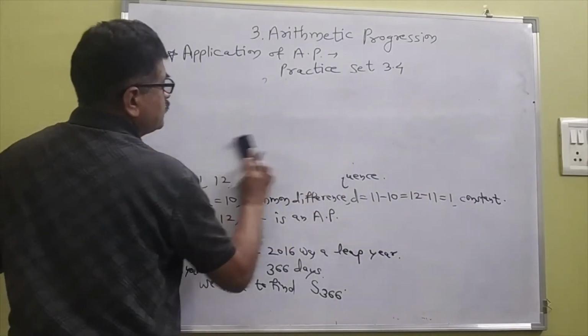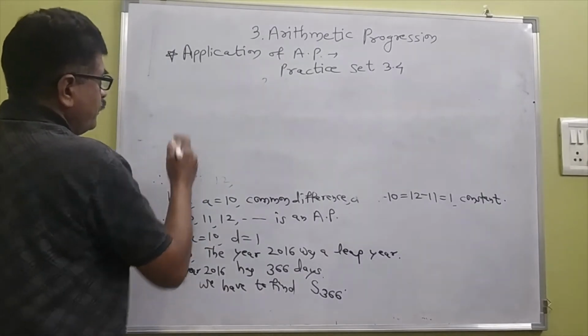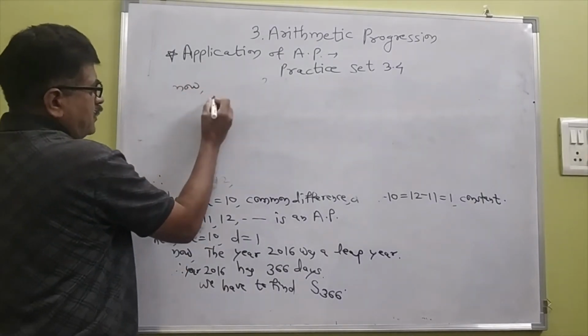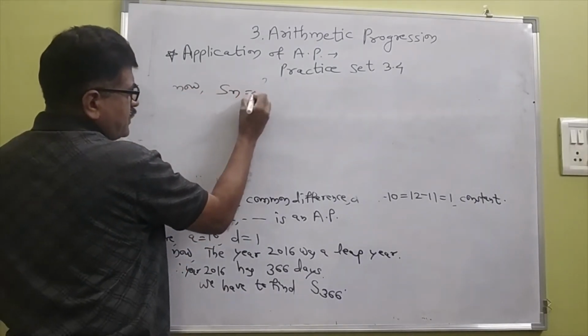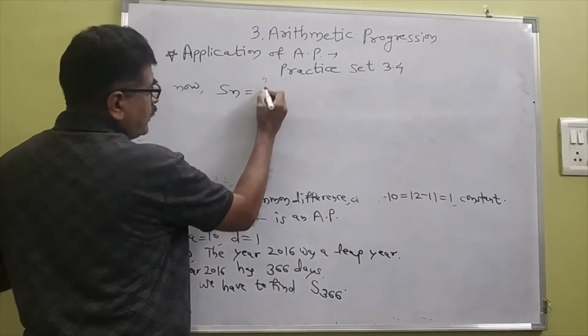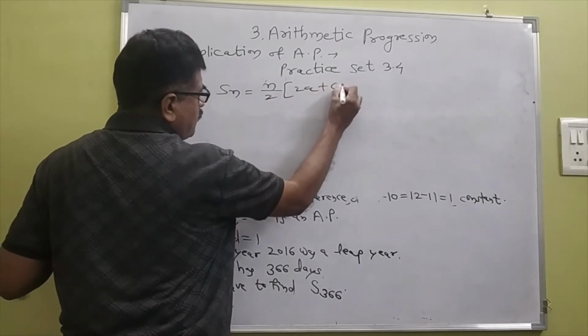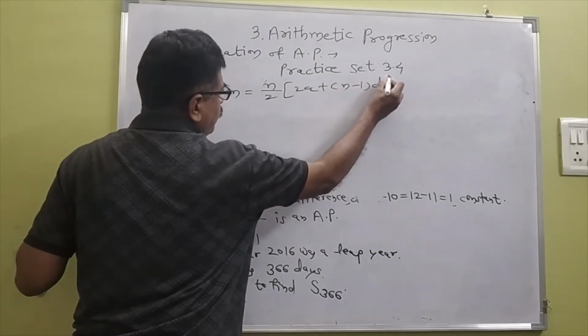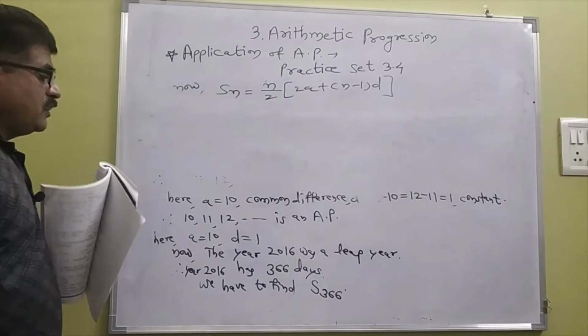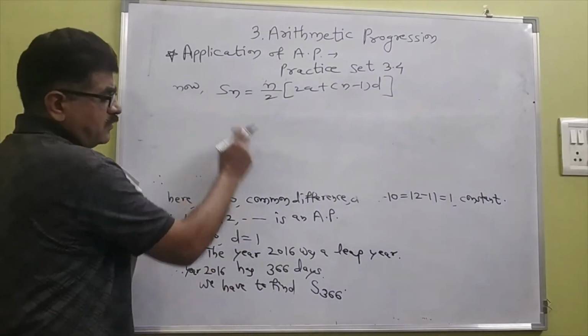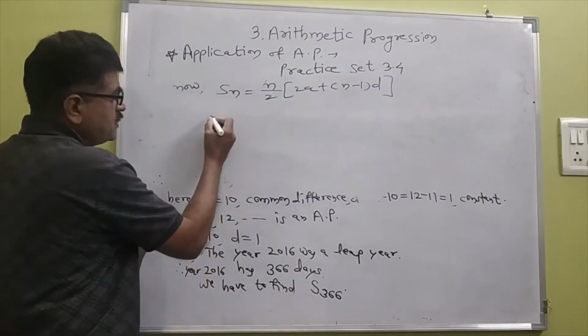Sum of n terms: Sn is equal to n upon 2 into bracket 2a plus (n - 1) into d. Now here, what is the value of n? 366.